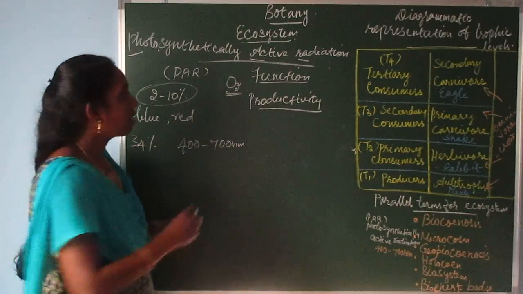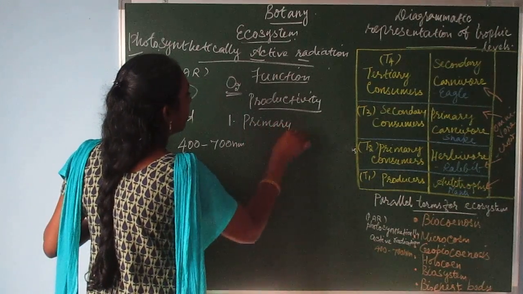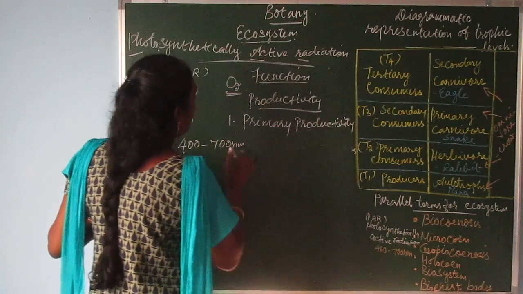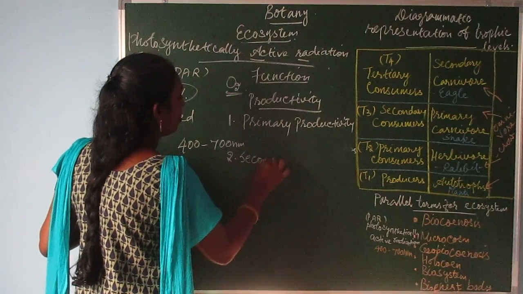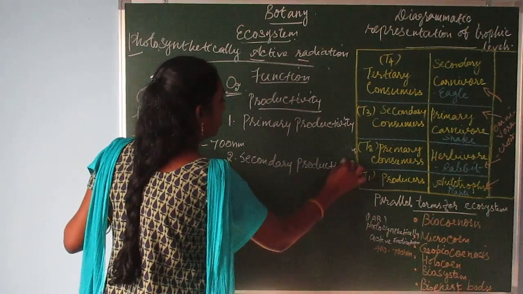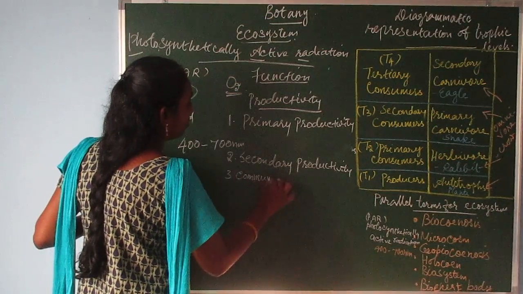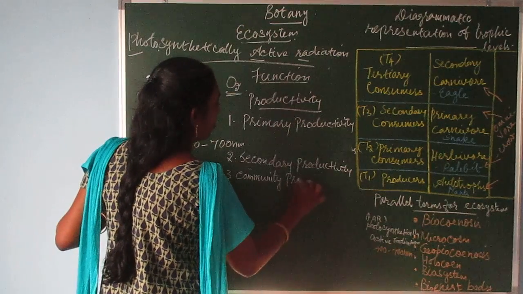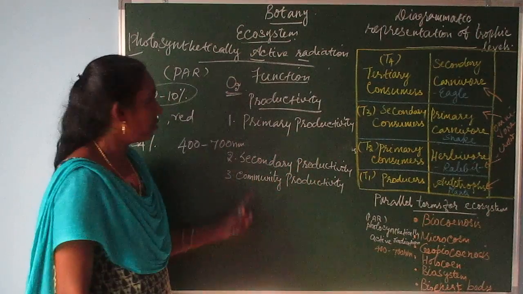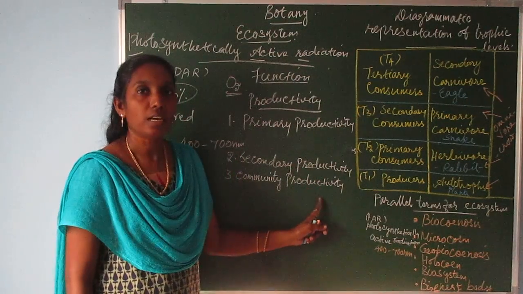This productivity is classified into three different types: primary productivity, secondary productivity, and community productivity.